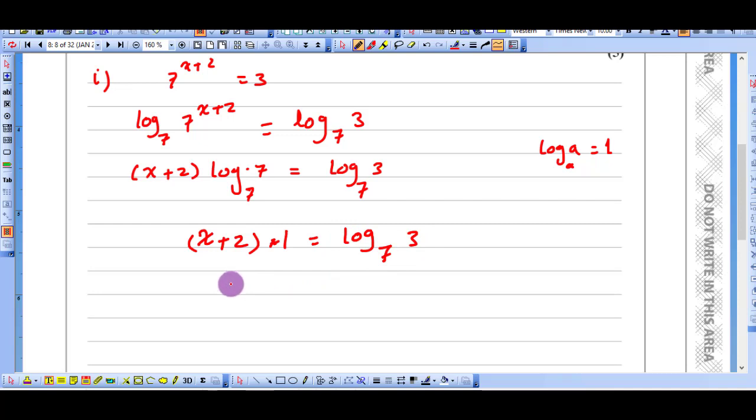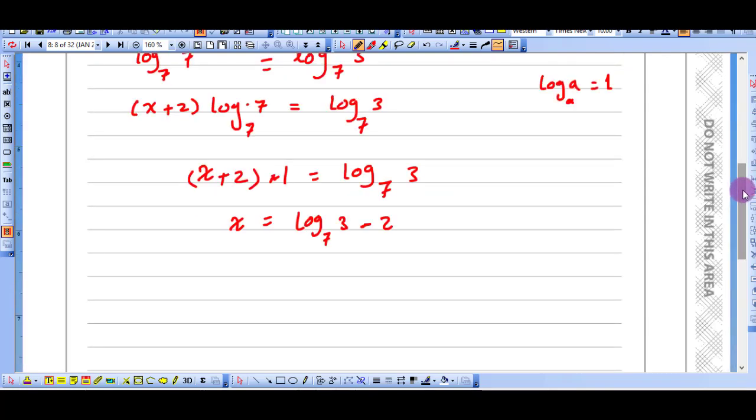So now we have x is equal to log base 7 of 3 minus 2 log base 7 of 7.